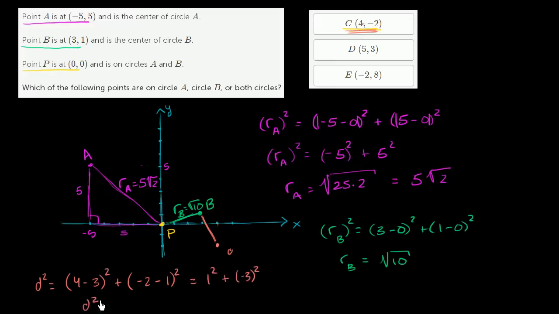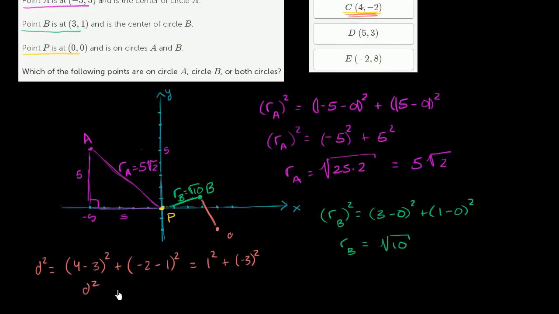And so our distance squared is equal to 10, or our distance is equal to the square root of 10. So the distance right over here is the square root of 10. So this is on the circle.